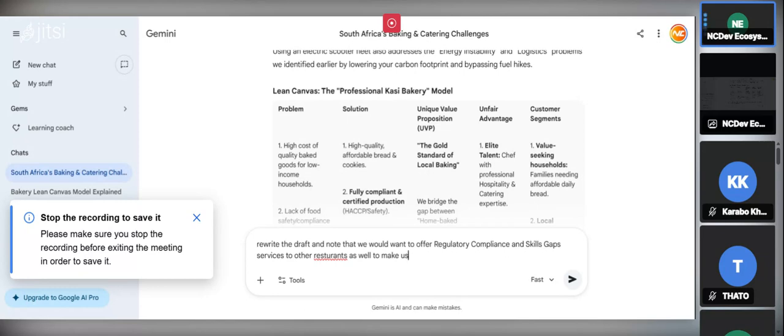But in the front, we'll look like a bakery and operate like a bakery and do all of the things that a bakery does, but that's not where the majority of our money would come from. Majority of our money would come from assisting other restaurants with regulatory compliance and skills gaps, right? So that's what I'm going to build my business model around here.